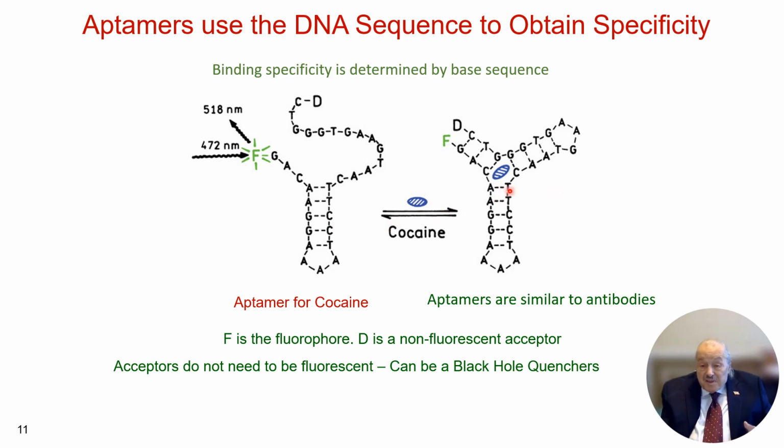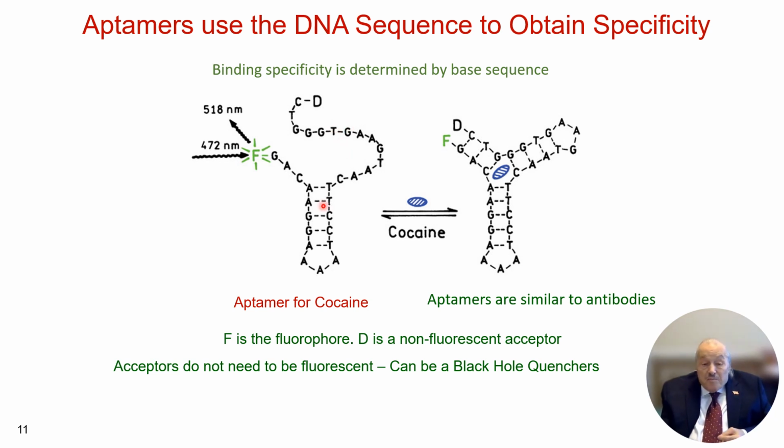In this case, it was cocaine. So this probe will have a fluorophore on it, and this is actually the acceptor here, which the authors labeled D, but it's really a non-fluorescent molecule.